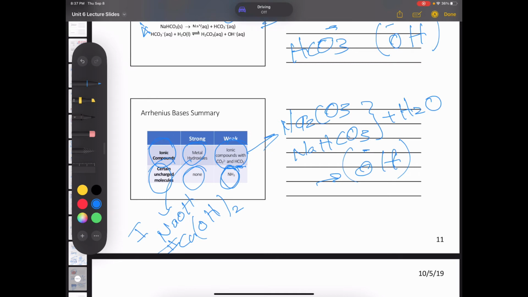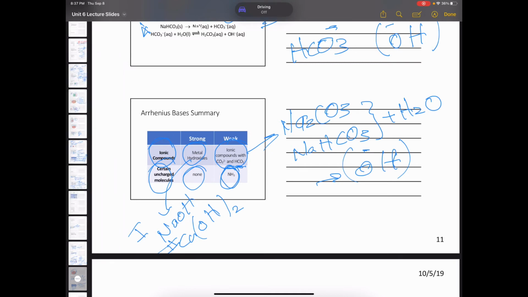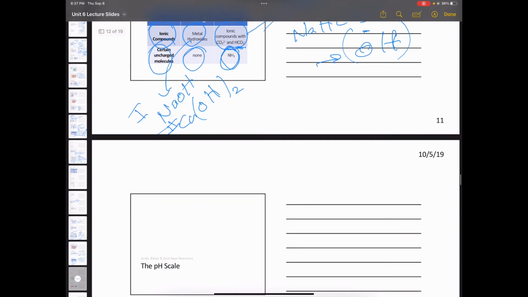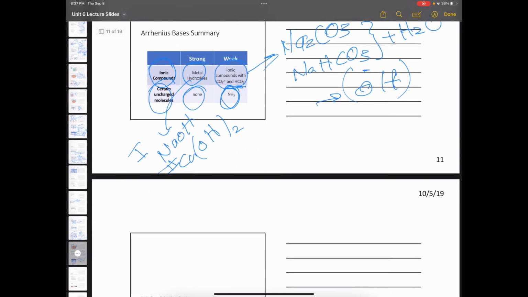Ammonia will form hydroxide ions. Okay? So that's when it comes to weak and strong bases, and also the classification of ionic compounds and also uncharged molecules like NH3.